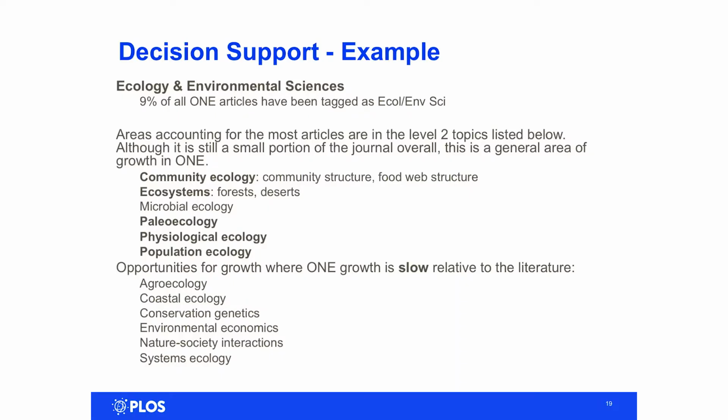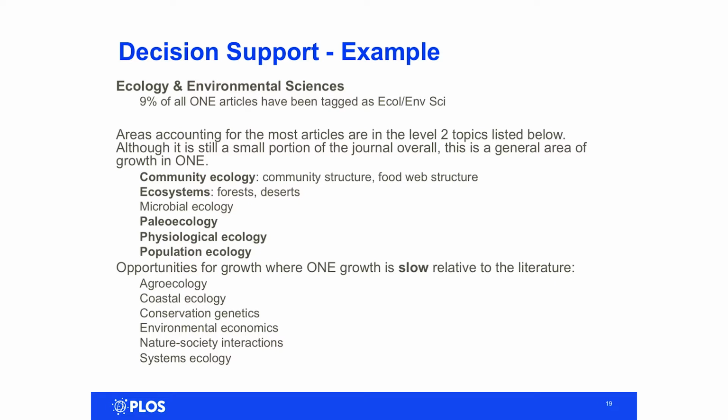One of the examples of the kinds of things I've been working on and writing up for the editorial group is along this line, where I looked at ecology and environmental science, which is one of our top level pieces of the hierarchy.